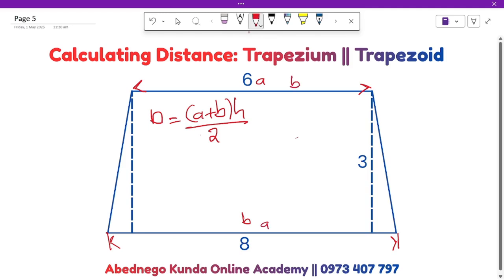You are still going to get the same answers. Although for me I prefer assigning the a to the shorter length, and the longer length I assign b. That's just my preference. You may go with whichever method you prefer. Otherwise, it doesn't really matter which one you assign as a or b.